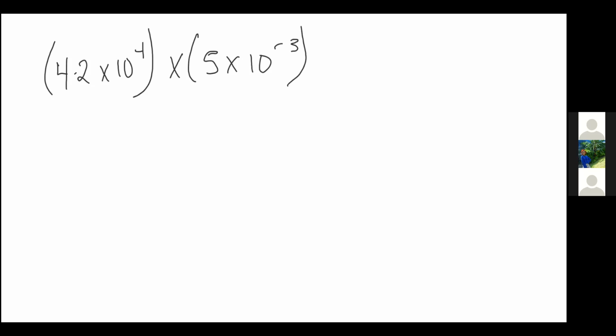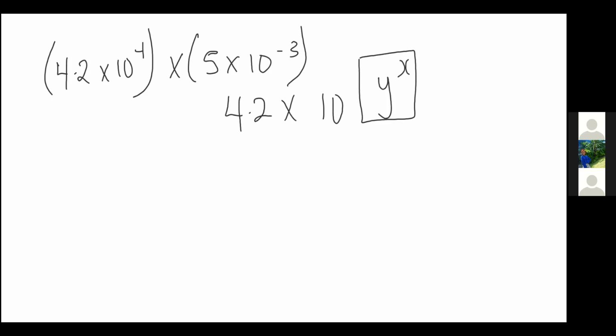Right, so calculate the value of this. So we have to work this out in our calculator. We put 4.2 in our calculator, multiply by 10, and we press the power sign, which is this. Then we press whatever the power is, and in this case, we press 4.